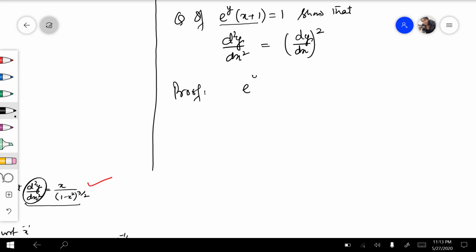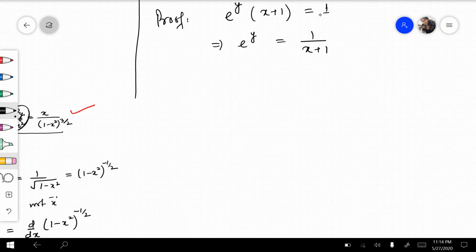We are given that e raised to power y into x plus 1 is equal to 1, which can be written as e raised to power y is equal to 1 upon x plus 1.